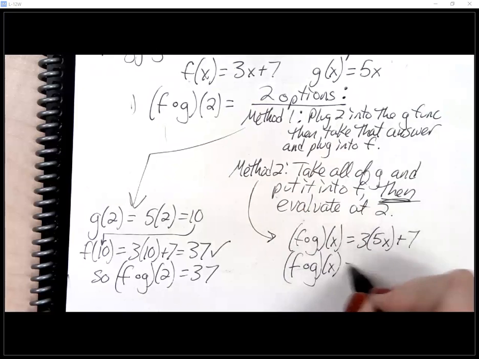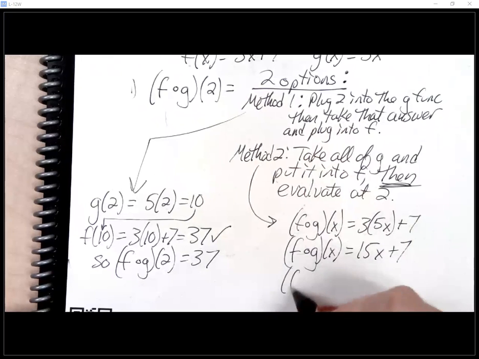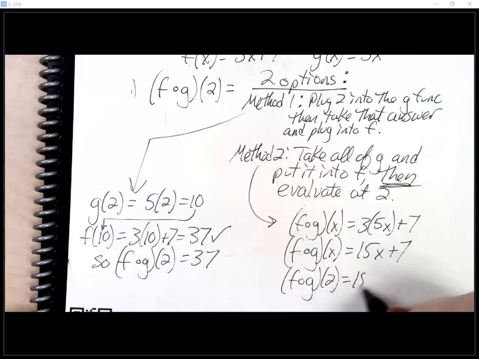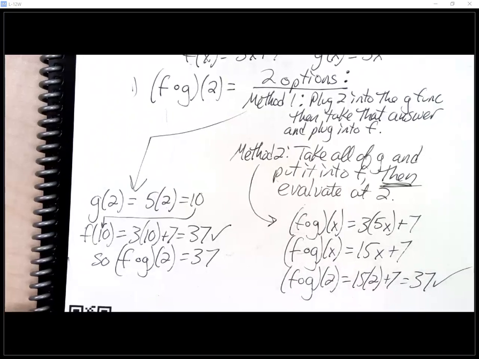Which is 15x plus 7. And now you evaluate it at 2. And we still end up with 37, but I don't know. So you do whatever you prefer.